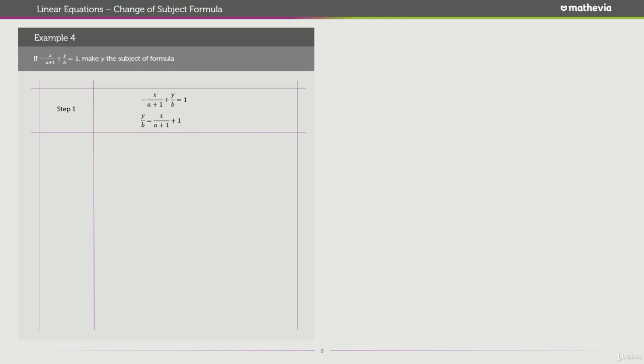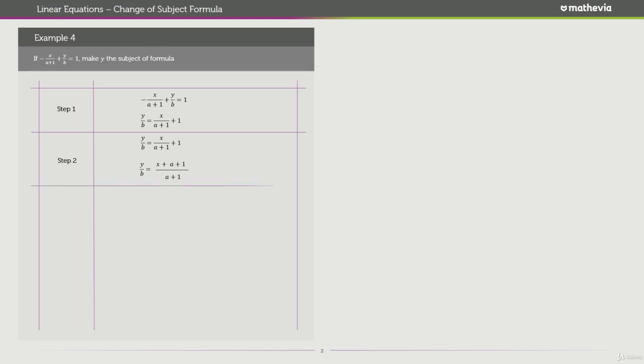Okay, and then the next thing we want to do, I think we'll just work what we have on the right, bring it all together, working the fractions on the right, and we have a plus 1 as our common denominator, and we're left with x plus a plus 1.